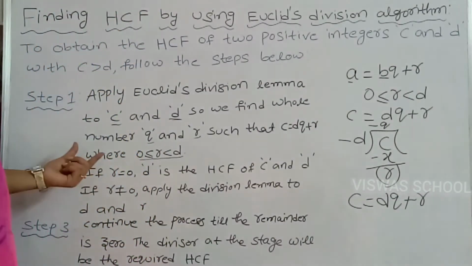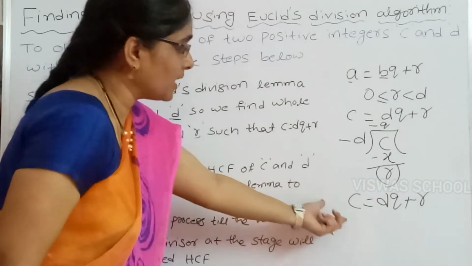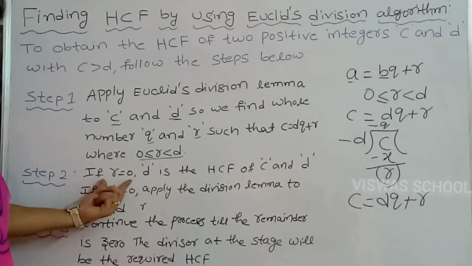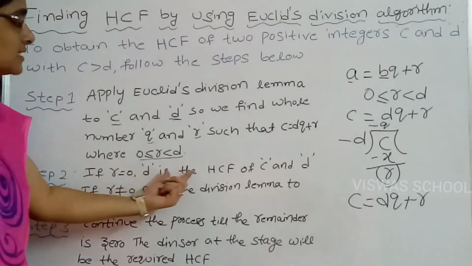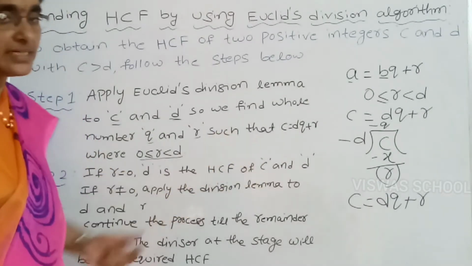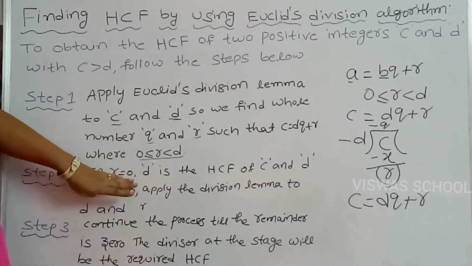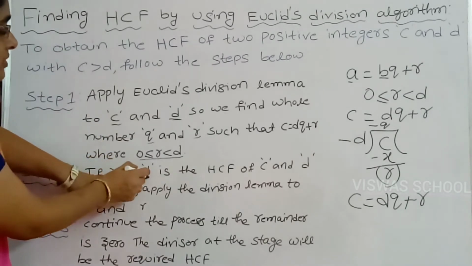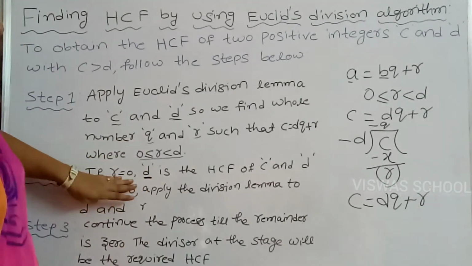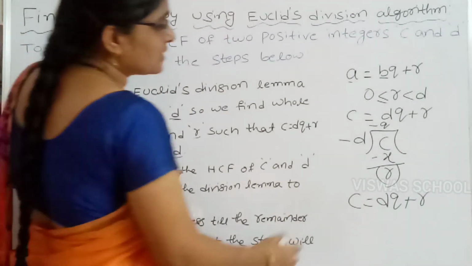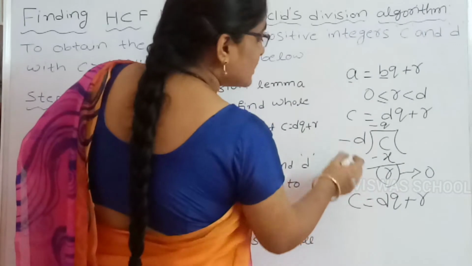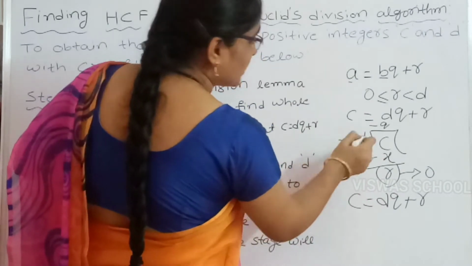Once you complete this step, coming to the second one: if r equals 0, d is the HCF of c and d. That is, if you get remainder 0 in this step, then d is the HCF.